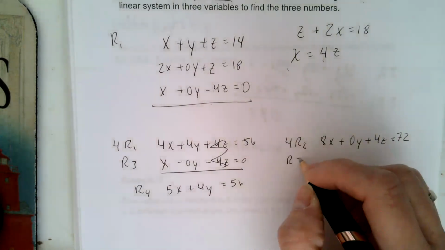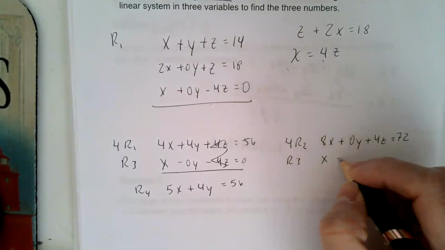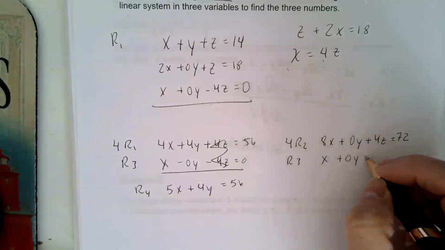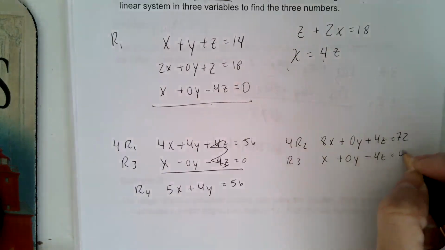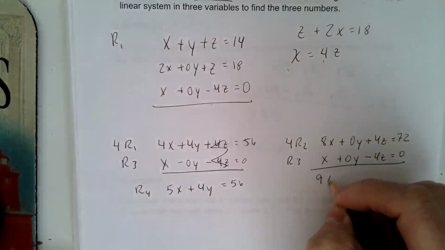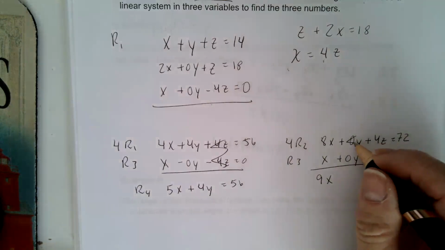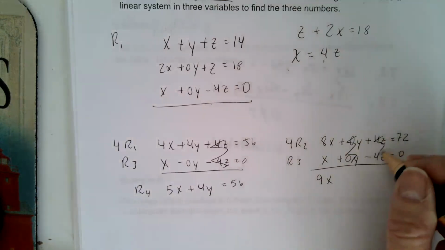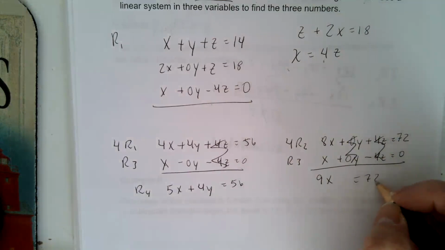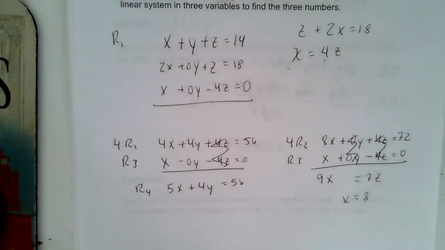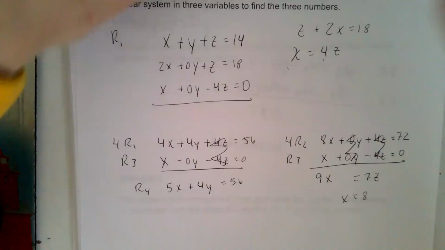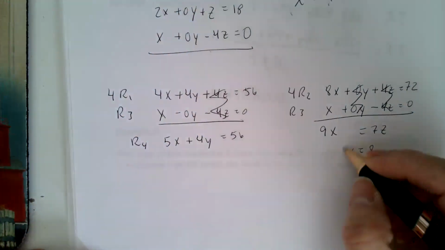And then row 3 is x plus 0y minus 4z equals 0. So I have 9x, my y's eliminate, my z's eliminate, and I have 72. So x equals 8. That's pretty cool. I eliminated 2 there.